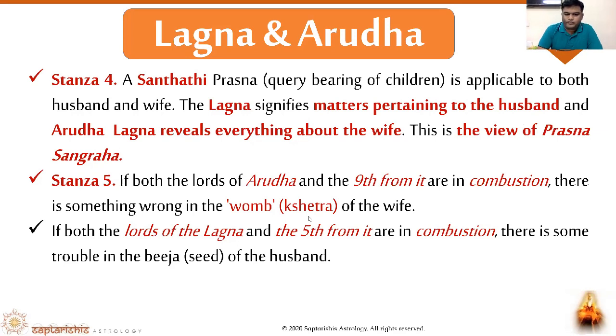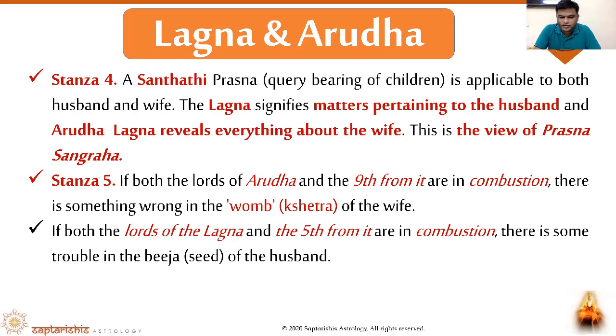If both the lords of Aruda and the ninth from it are in combustion, there is something wrong in the womb of the wife. The ninth house we call Kshetra, as mentioned in Prashna Marga.